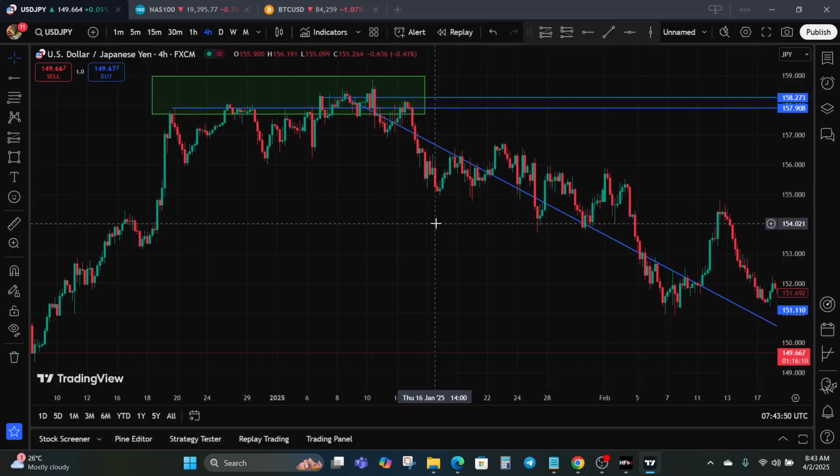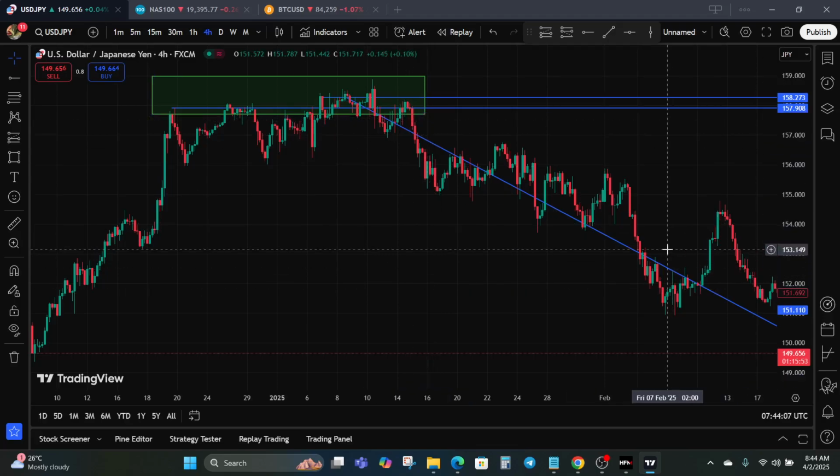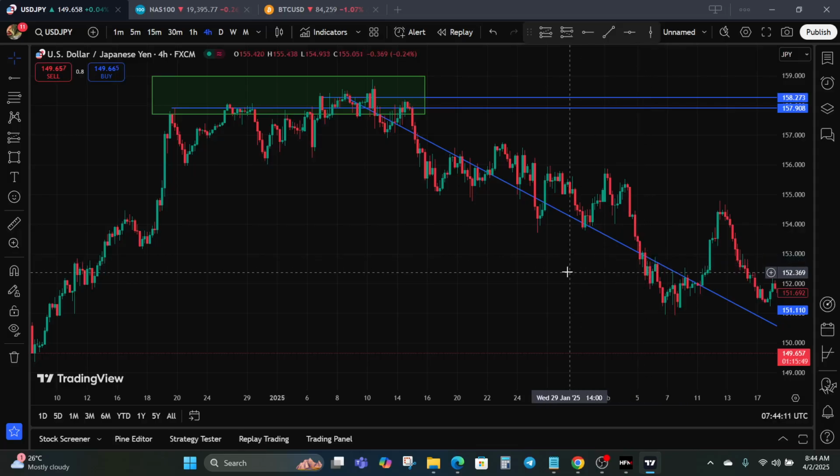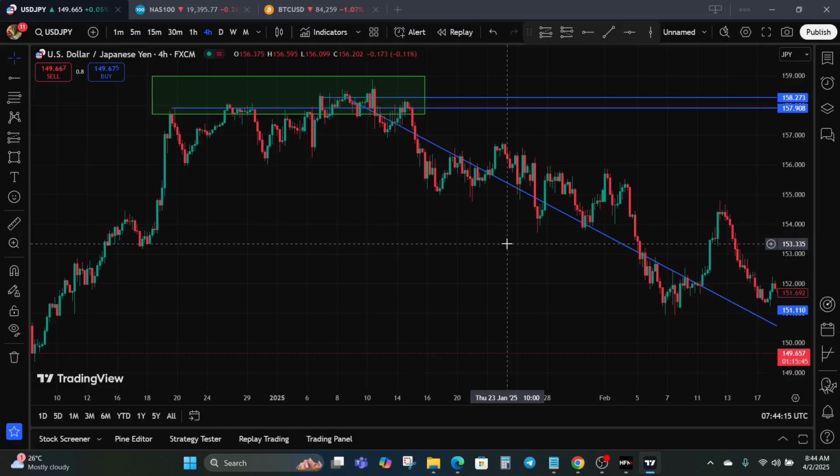There is a possibility that institutions were at work, because they try to grab liquidity using the orders of retail traders. At the end of the day, you'll see a massive move in the opposite direction that you were expecting, such as what happened here. So understanding this is the difference between trading with smart money and getting caught in market traps.